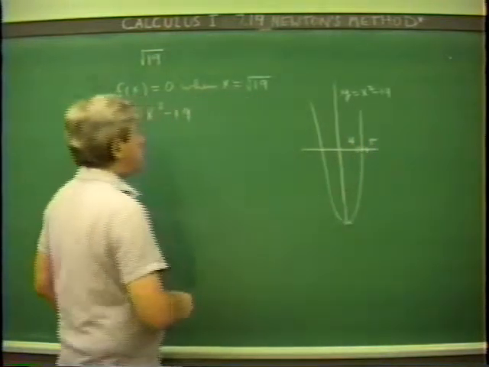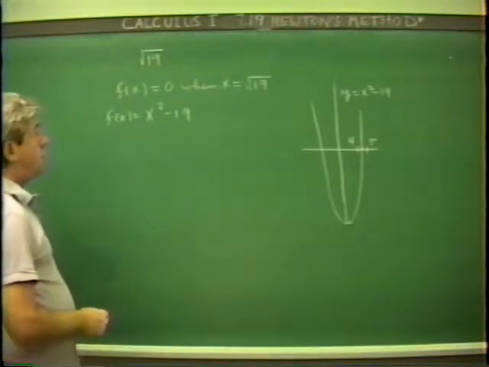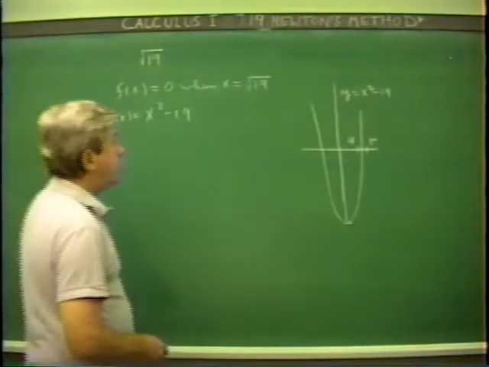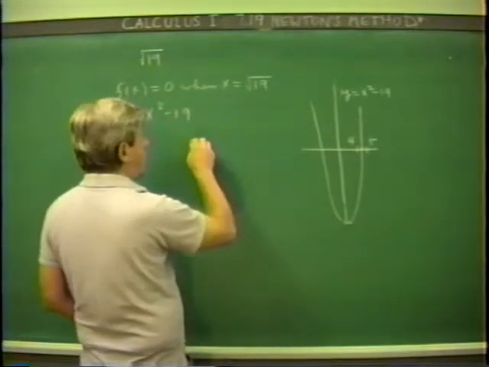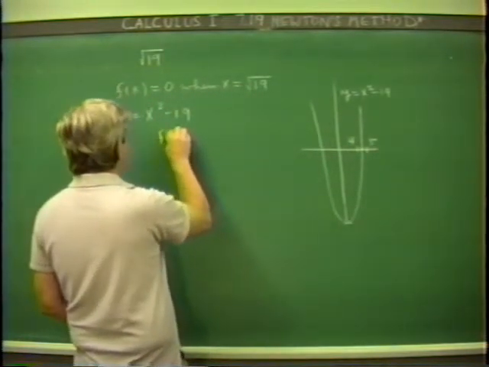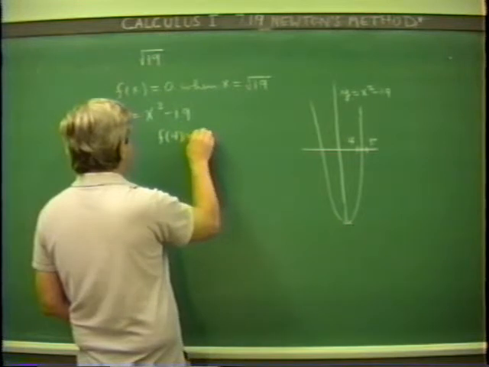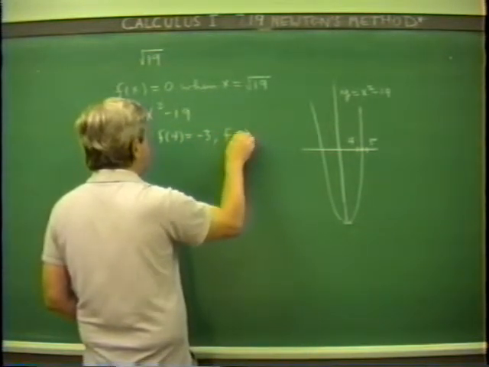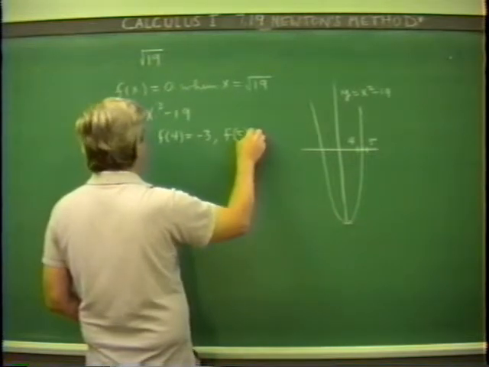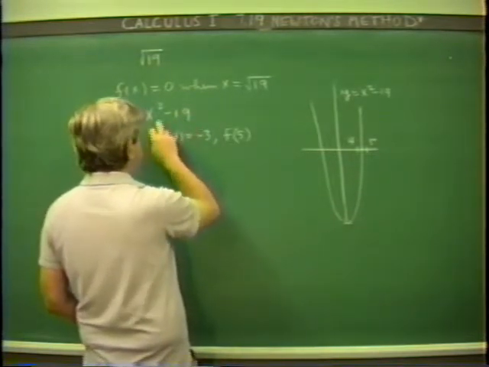Well, we know the square root of 19 is somewhere between 4 and 5. And let's use 5 here. Now we could interpolate. The value of the function at 4 is minus 3.